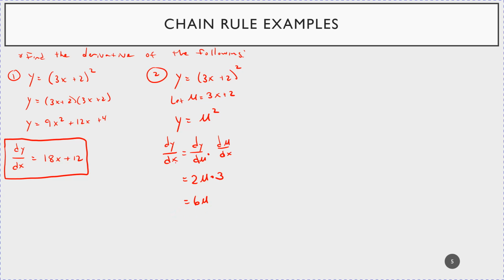My original problem was in terms of x, so I have this u here. That's weird. Let me plug back in what u is. So this is 6 times (3x + 2). And now watch what happens when I distribute the 6. 6 times 3 is 18x, plus 12. Look at that, I get the same thing.